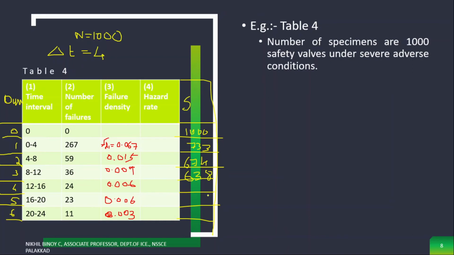After the fourth interval, it is 638 minus 24, which we have as 614. Then after the fifth interval, it is 614 minus 23, so we have 591.